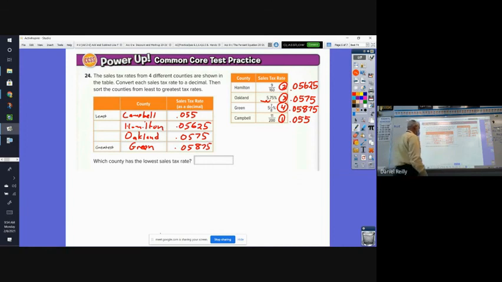Which county has the lowest? Campbell. Okay, so that is the most difficult problems for the quiz.